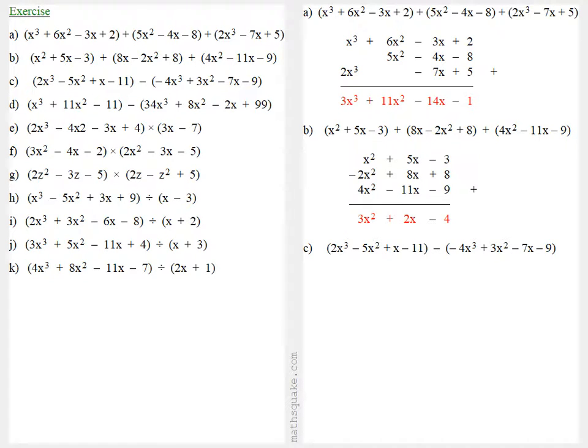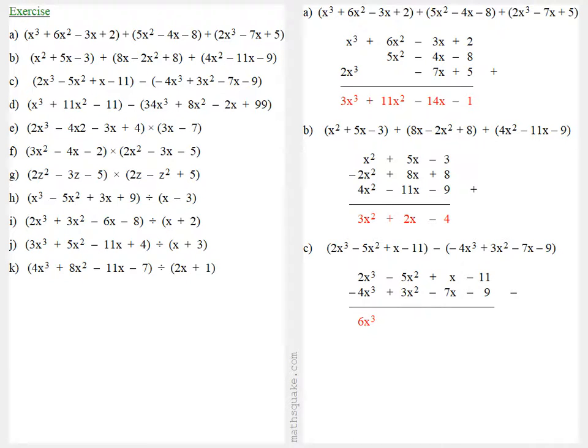Now in part C we're subtracting two polynomials, and so we write them down one above the other with again the columns in their correct order. And then we've got 2x cubed take away minus 4x cubed, which is 2x cubed plus 4x cubed, and that gives us 6x cubed.